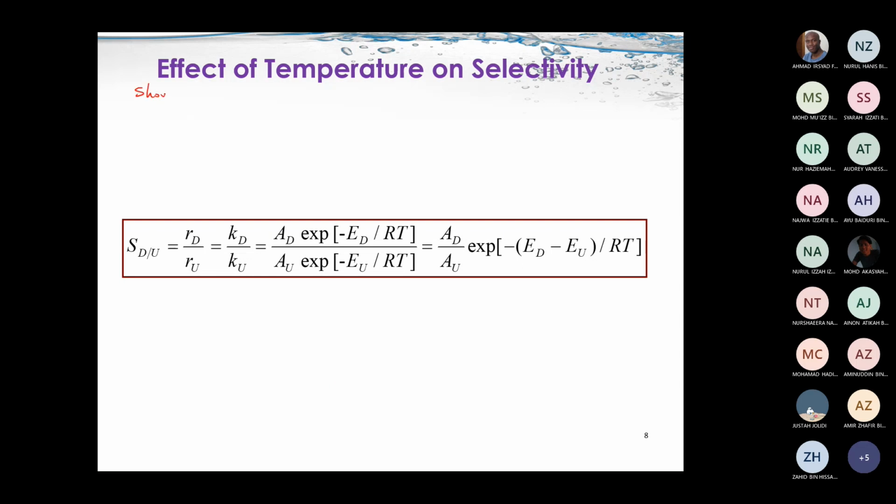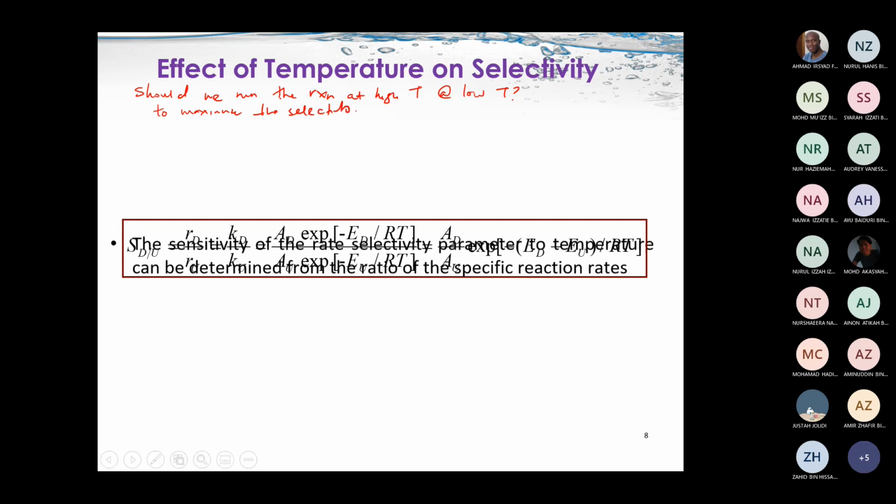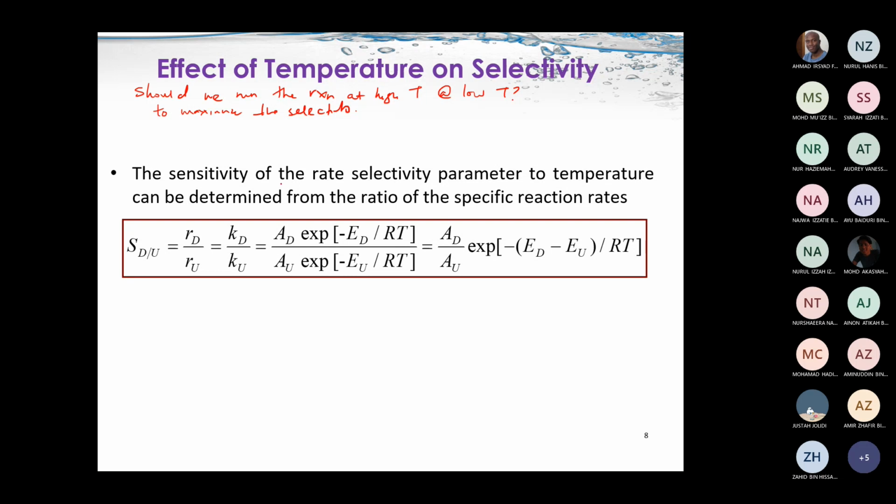Alright, should we run the reaction at high temperature ataupun low temperature, okay, in order to maximize the selectivity. Okay, so in this case, what you need to look at is the sensitivity of the selectivity parameter to temperature, which can be determined from the ratio of the specific reaction rates.